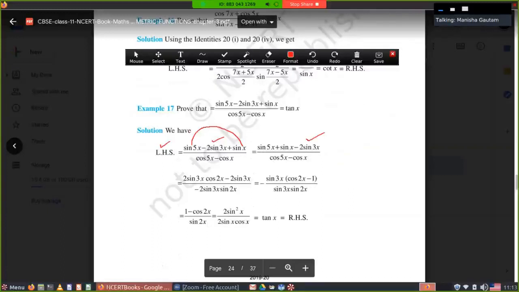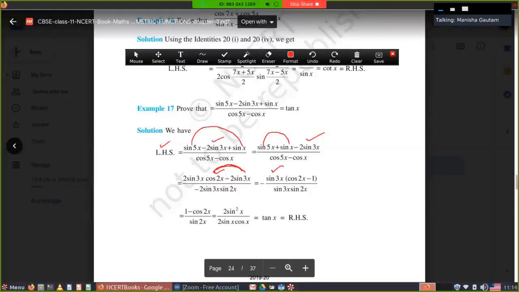Now apply the formula sin x plus sin y. You are getting 2 sin (x plus y)/2 into cos (x minus y)/2. Now you can see here 2 sin 3x is common from both.